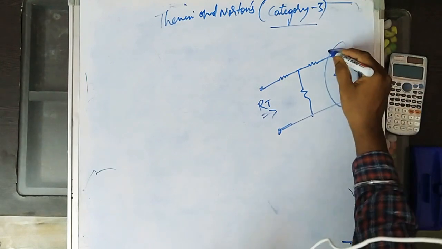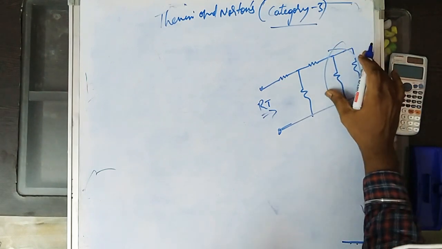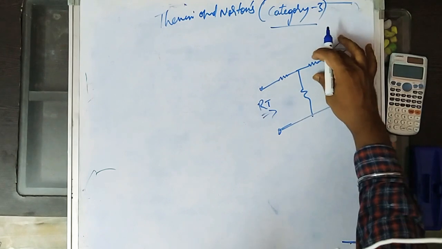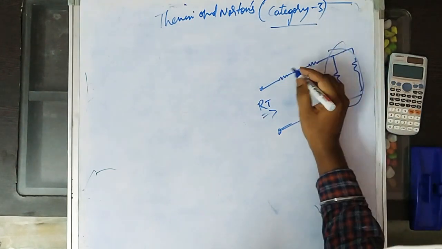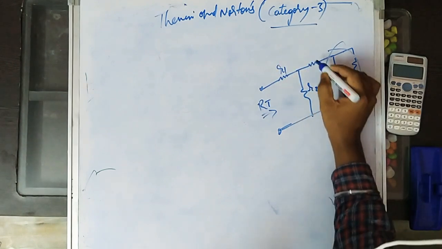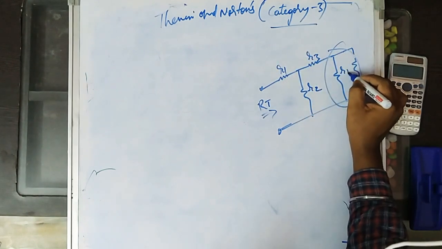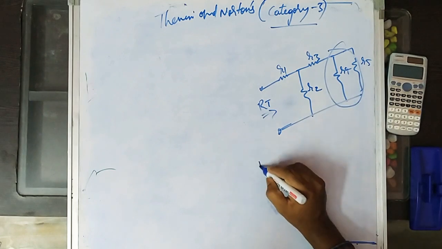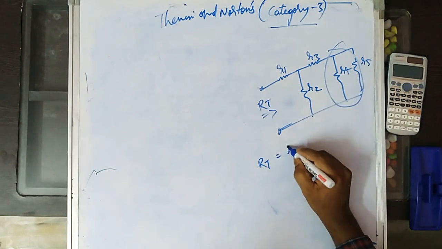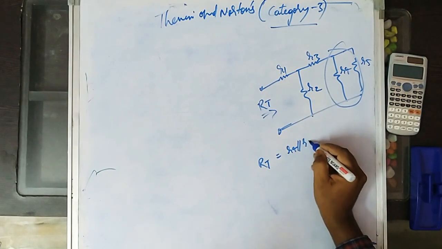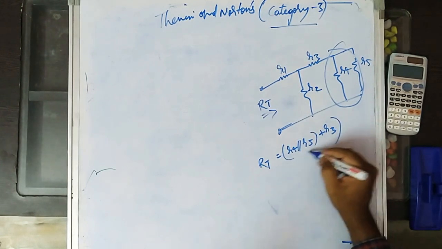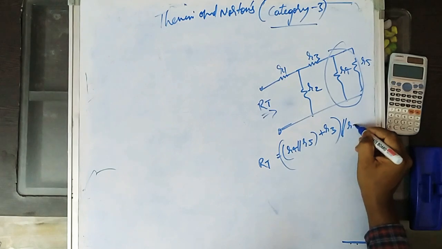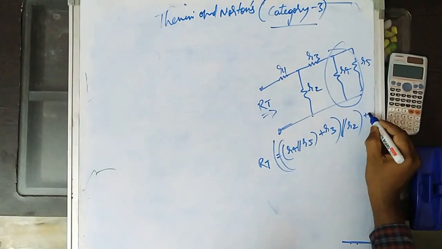These two are in parallel, and the result is in series with this resistance. Then this is parallel with this resistance. Naming them R1 to R5, the total is R4 in parallel with R5, in series with R3, the total in parallel with R2, and this total in series with R1.